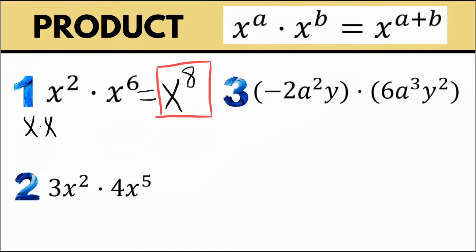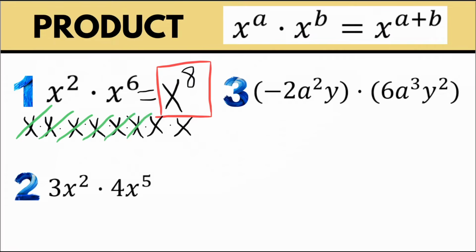X to the 6 means x times itself 6 times: 1, 2, 3, 4, 5, and 6. And if I'm multiplying all of these together, how many x's are here? 1, 2, 3, 4, 5, 6, 7, 8. This is x raised to the 8th power because you're multiplying x by itself 8 times.